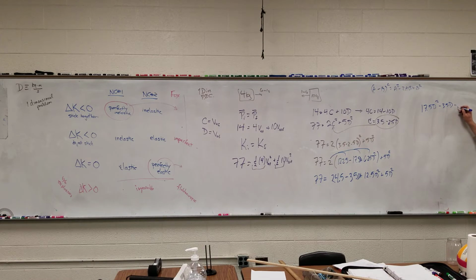Minus 4.5 times 5 is 52.5. And conveniently, 17.5 goes into all those numbers.